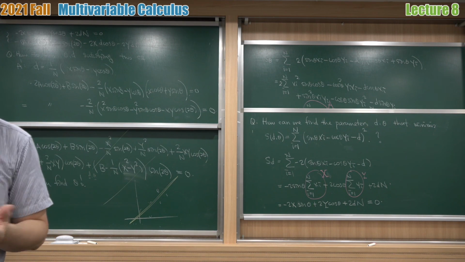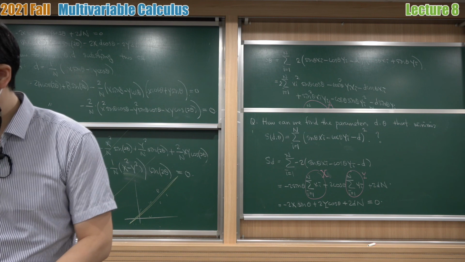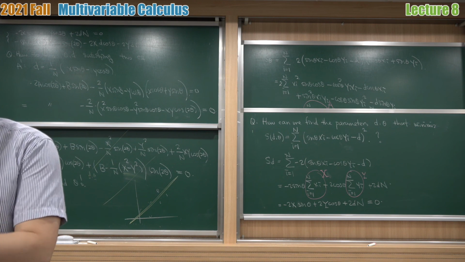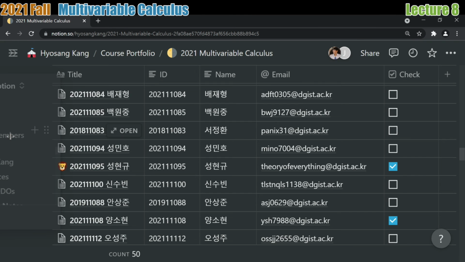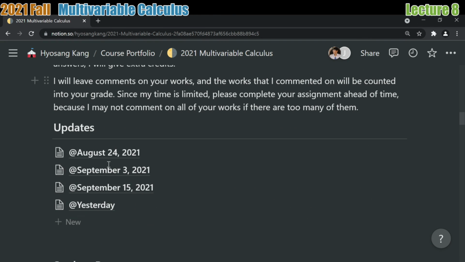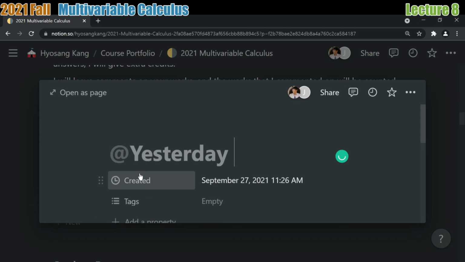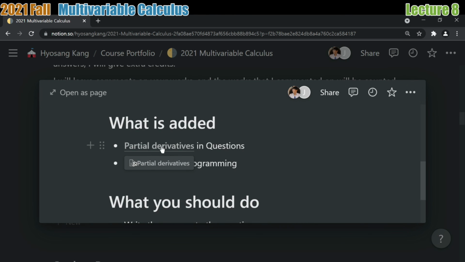So next time we're going to do some Go coding. And before I finish, let me emphasize that I uploaded an assignment yesterday. So there are two assignments. One is the partial derivative that we discussed last time.